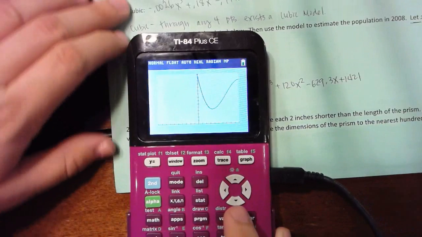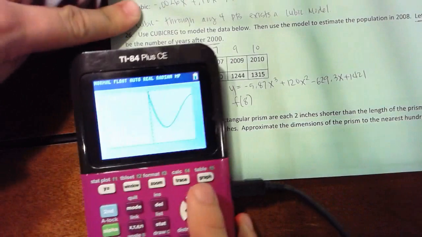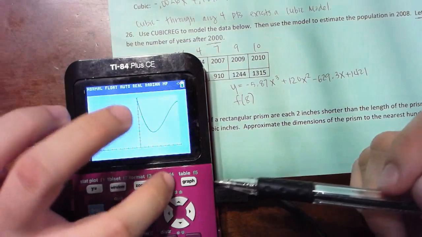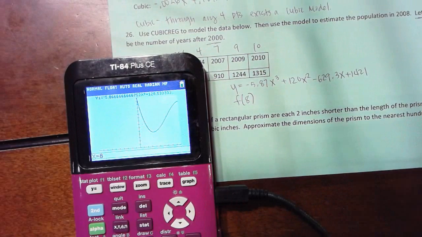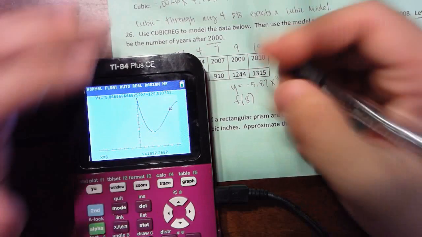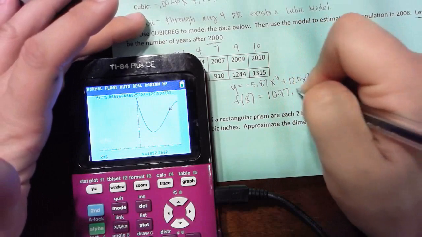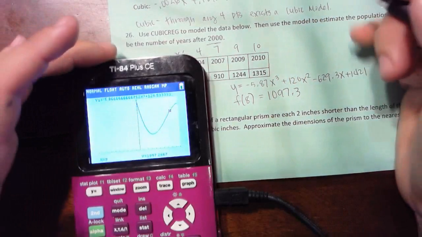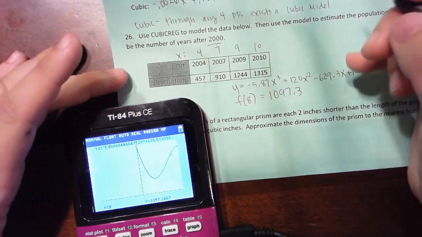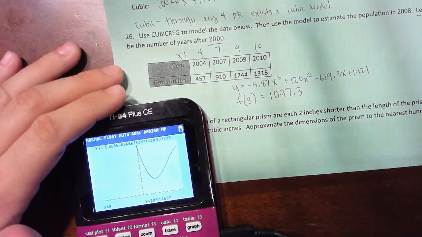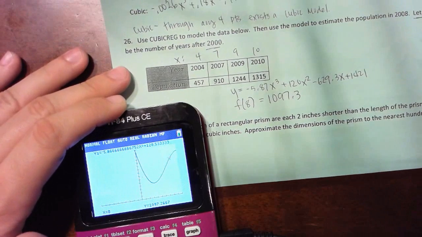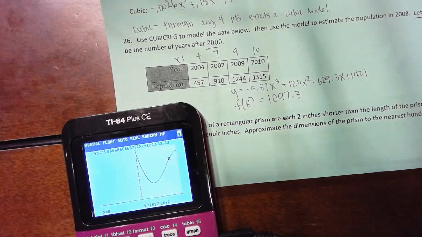Now if I want to estimate what's happening, we're looking at year 8, so we're going to trace and see what happens in year 8. In year 8, I'm at 1097.3. What is it, population? Population where? We don't know, just the population of something.